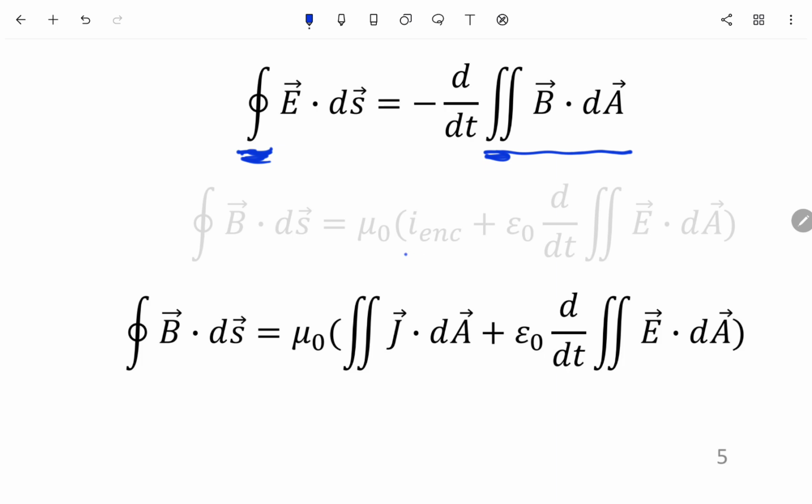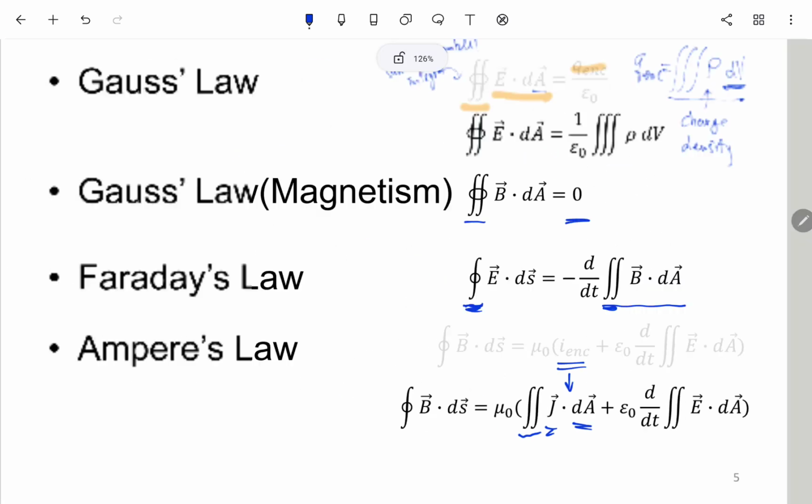And here for the I enclosed, we try to rewrite it as the surface integral of the current density. Different from the textbook, we use a double integral sign to specify that this is a surface integral.